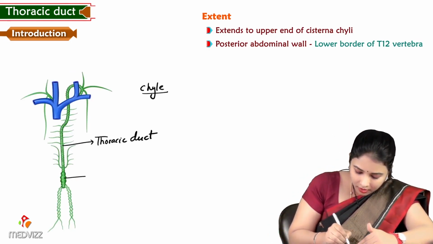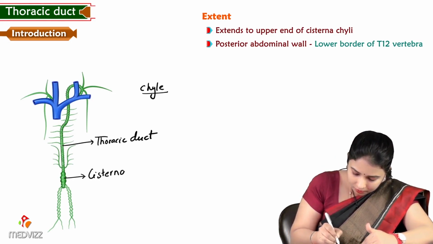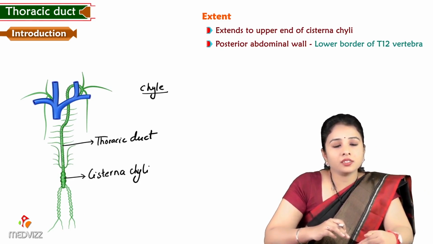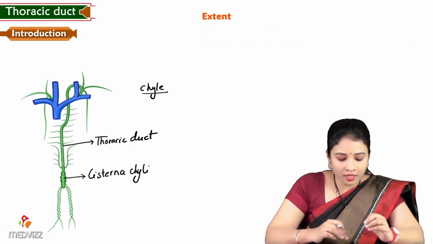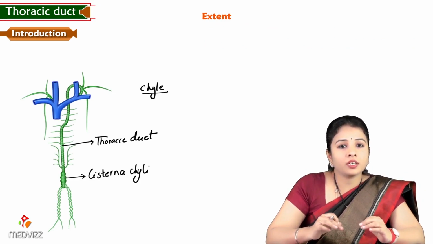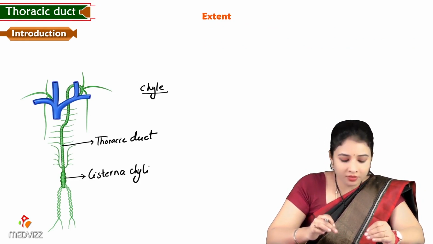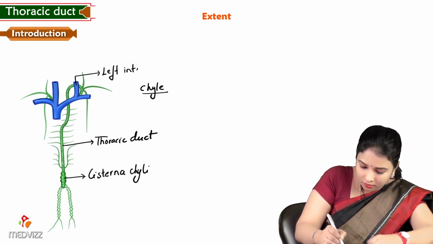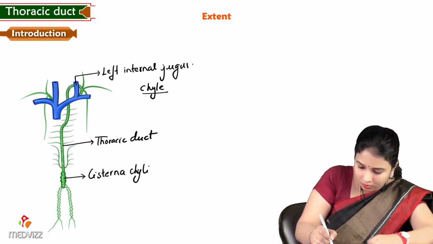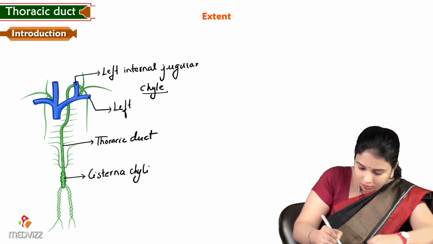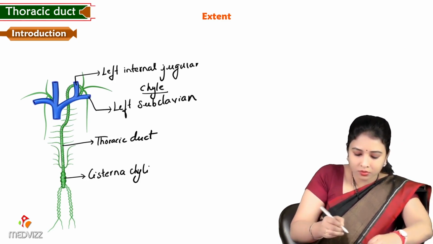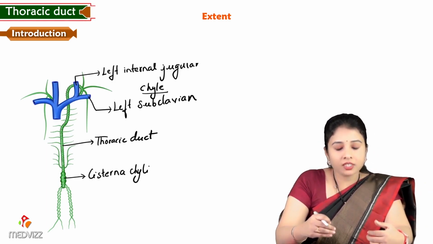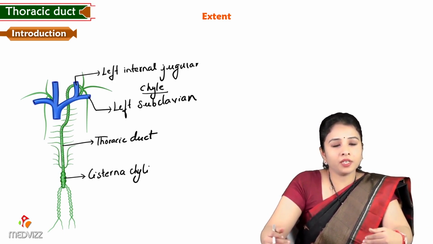So here is the cisterna chyli. And we can see the thoracic duct runs till the junction of the left internal jugular vein and left subclavian vein. So the thoracic duct terminates at the junction of left internal jugular vein and left subclavian vein.